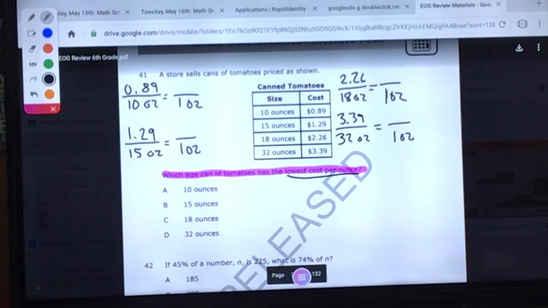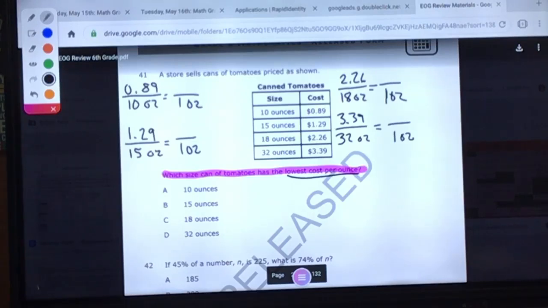So why did I put all those little ratios up there? Why did I put all those up there, Ronnie? That's how you find the answers on it, like the work. And what are we looking for, Ronnie? How much it costs for one. For 1 ounce.